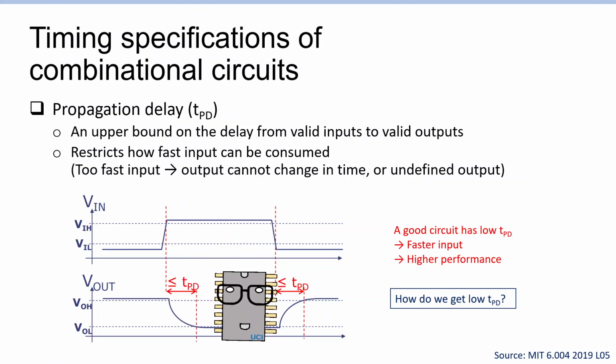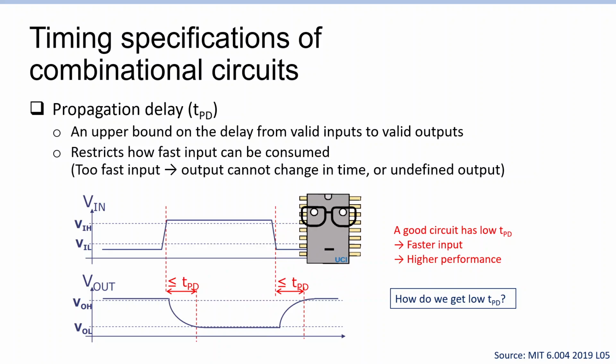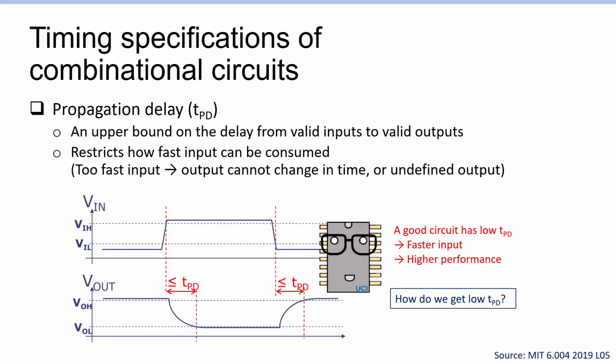It exits the fuzzy stage and into the intended value, I guess, here of 0. Here's another example when the input crosses the fuzzy area again and goes into a valid value of 0. It measures the time TPD between that point in time and when the output becomes valid, it crosses the fuzzy stage and goes into the valid value of 1.